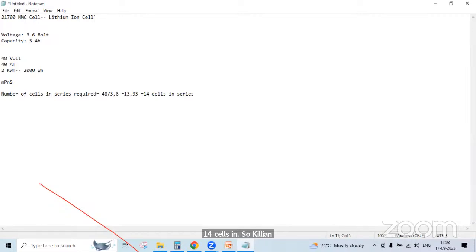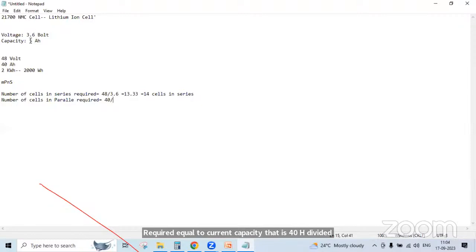Then the number of cells in parallel required is equal to the current capacity, that is 40 Ah divided by the capacity of one cell, 5 Ah. 40 divided by 5 gives me 8, correct? So this many cells in parallel.